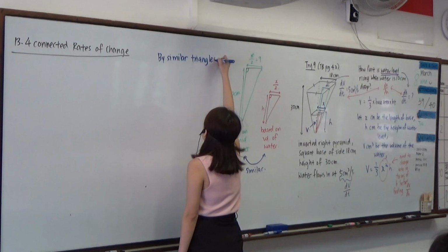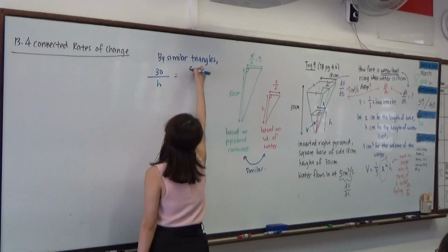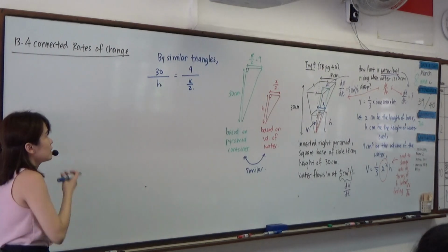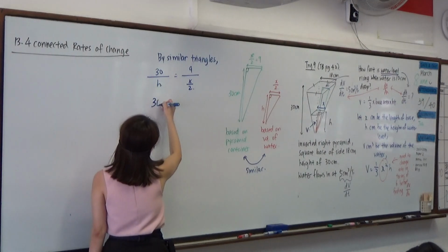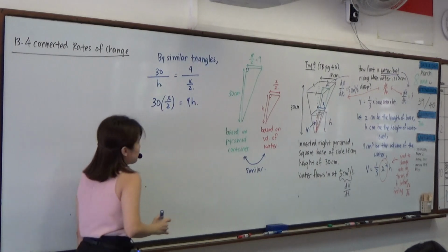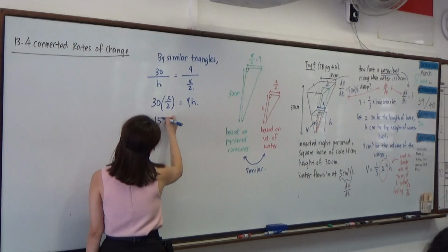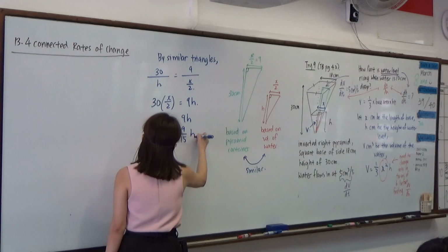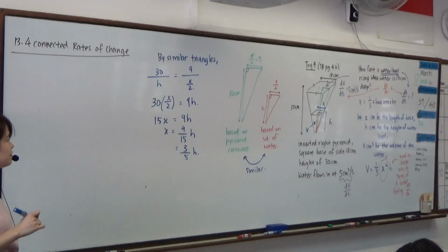By similar triangles, 30 over h is equal to 9 over x over 2. And we can cross multiply: 30 times x over 2 equals 9h. We want our x in terms of h, so this is 15x equals 9h. So x is equal to 3 over 5 h.